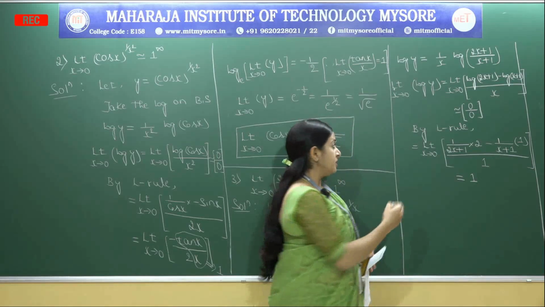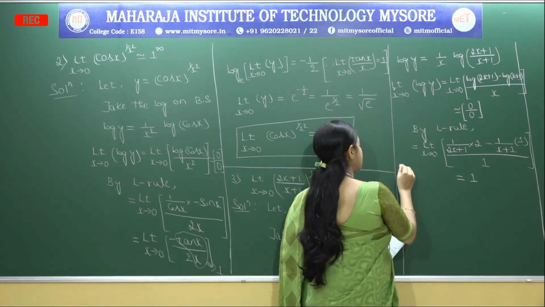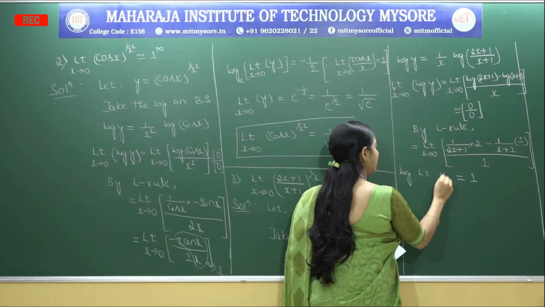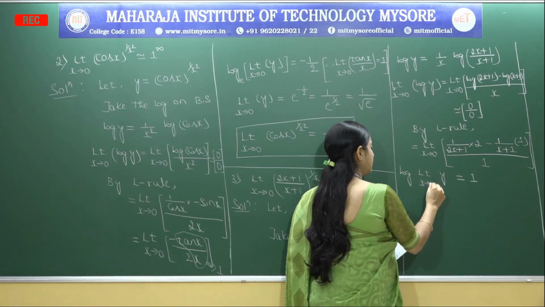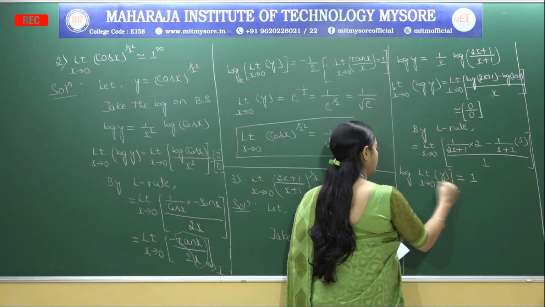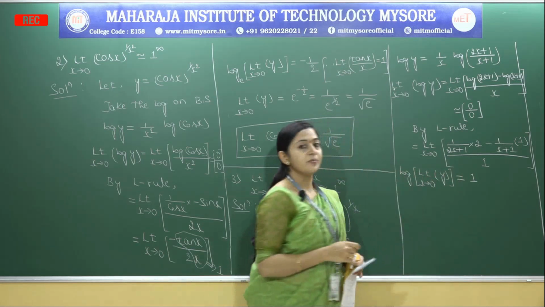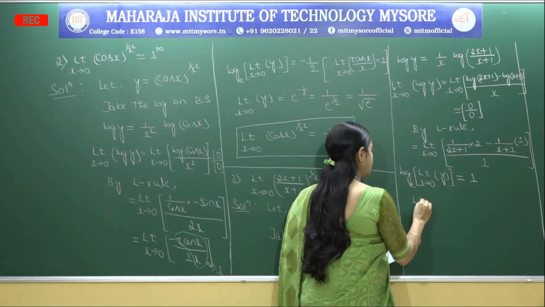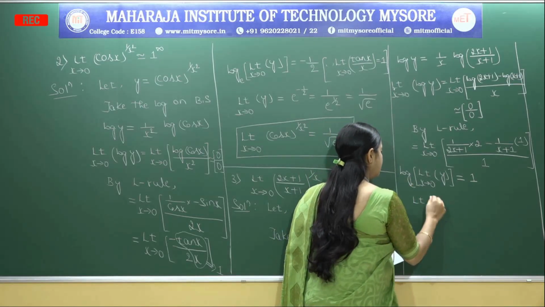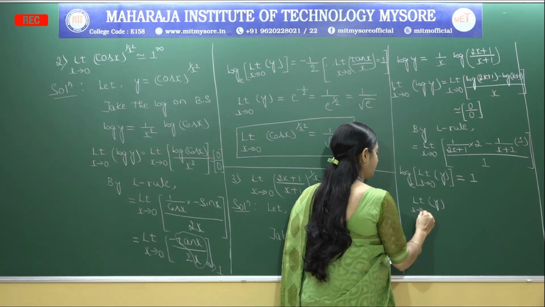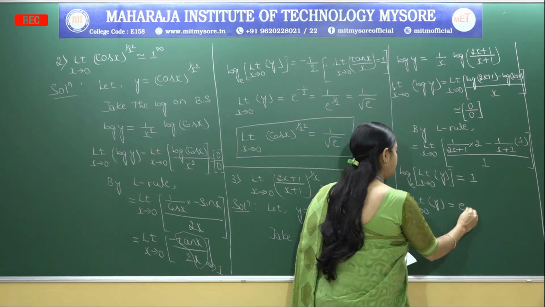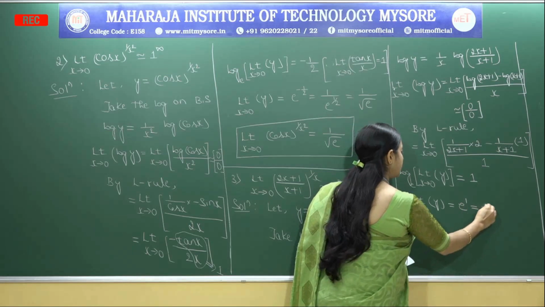In the left part, you interchange these two, log with limit, since you have the property of this, you can interchange these two terms as x tends to 0. Since you have the log with base e, write this limit y as x tends to 0. You take this part to the RHS side, you will get e power 1, that is simply e.